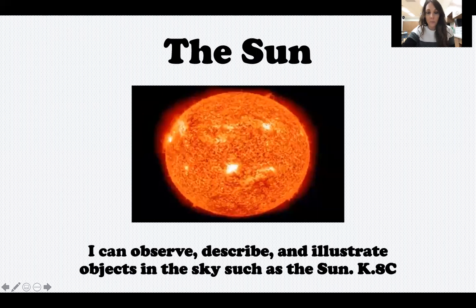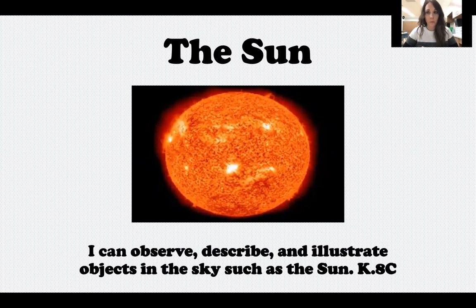So we're going to learn about the sun today. This is a little bit different of a lesson than what the in-person kids are doing, but you're still going to learn the same things. The kids that are in person are going to be doing an activity from a program called Mystery Science that includes a video and a little lesson.